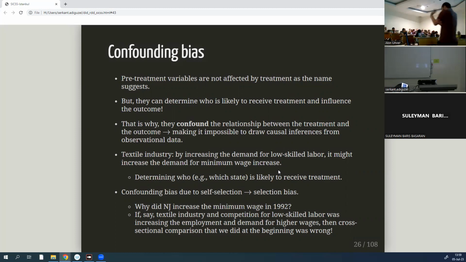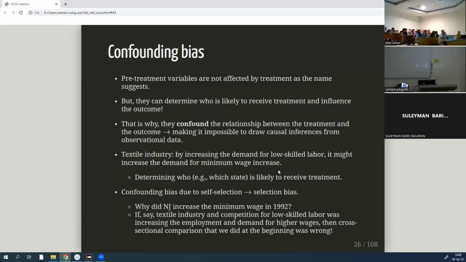This is critical because this will determine who is likely to receive treatment. This labor competition might impact who is likely to receive treatment. For instance, let's assume that since there is this labor competition, maybe politicians in New Jersey start demanding increases in wages because of this competition.